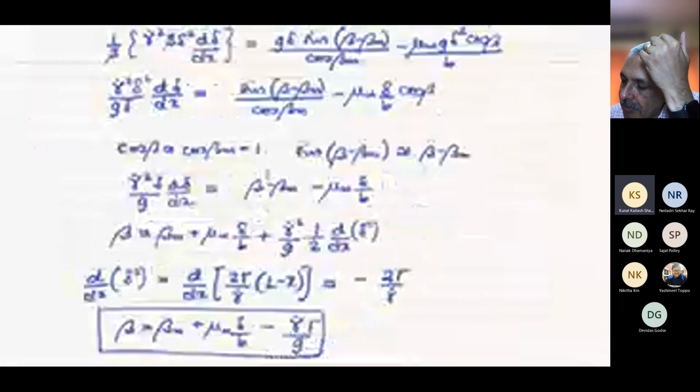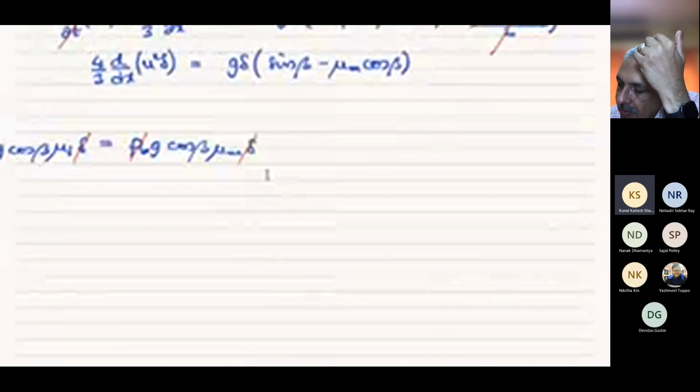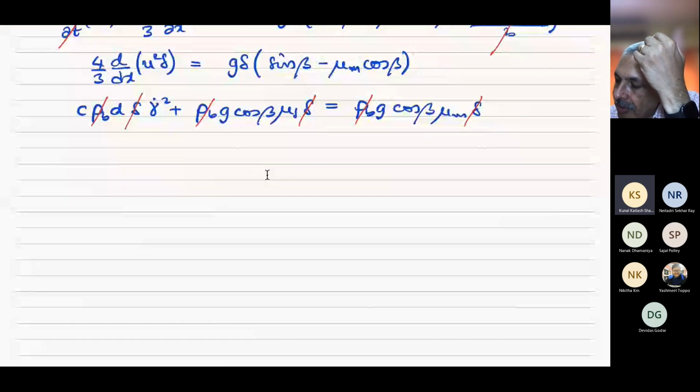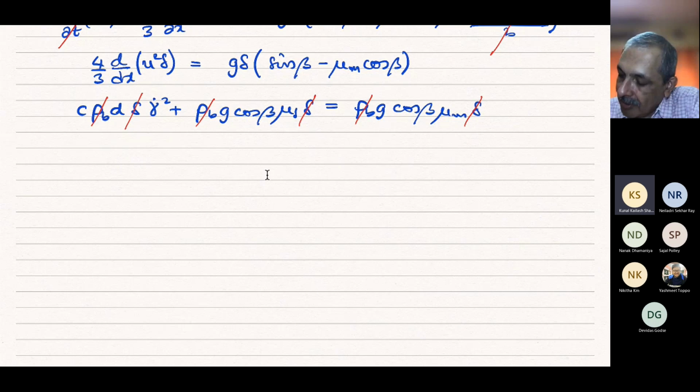This equation tells us that the shear stress, the left hand side, is the shear stress in the flowing layer, and this is the shear stress in the packed bed. Many things cancel out.